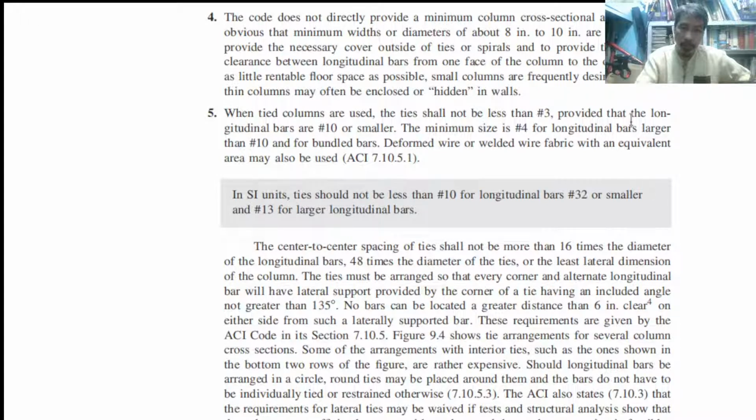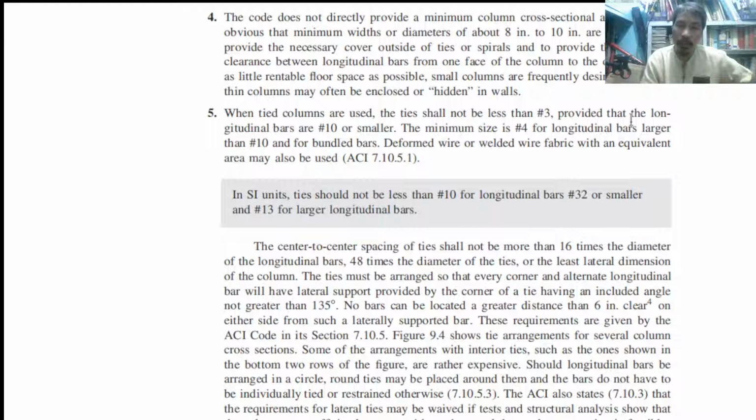So number 5, when tied columns are used, the ties shall not be less than number 3. So ties number 3, that is 9.5 mm, provided that the longitudinal bars are number 10 or smaller. So the ties can be as small as number 3. The minimum size is number 4 for longitudinal bars.